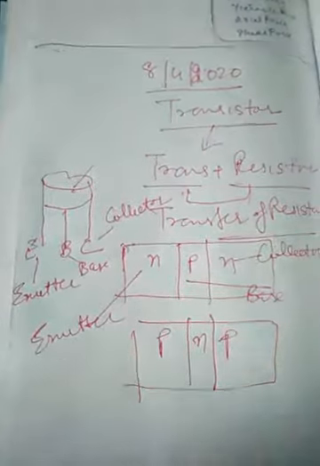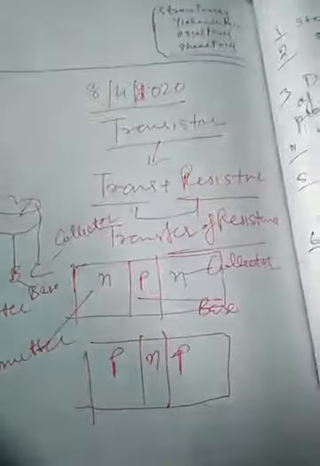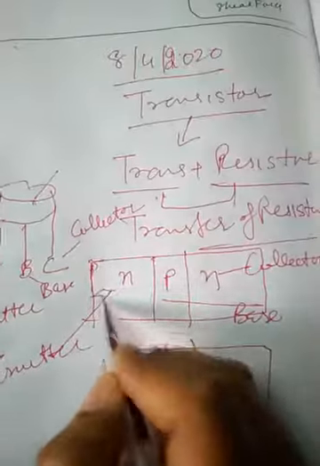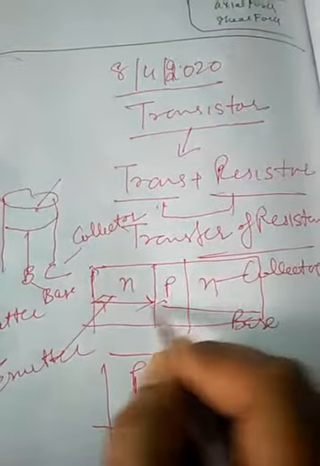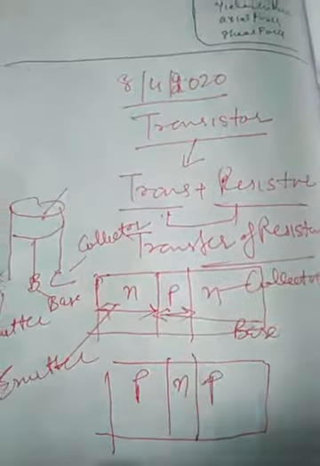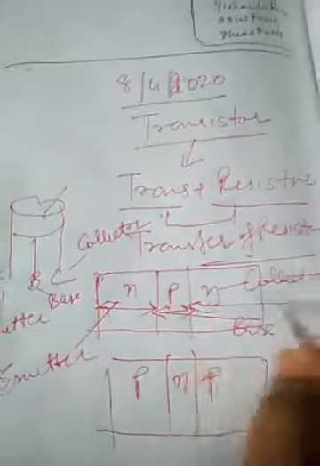But their configuration is not symmetrical with respect to each other. Not symmetrical means there is a difference in the widths. For example, the width of the emitter is medium, while the width of the base is very small, and the collector width is very large.